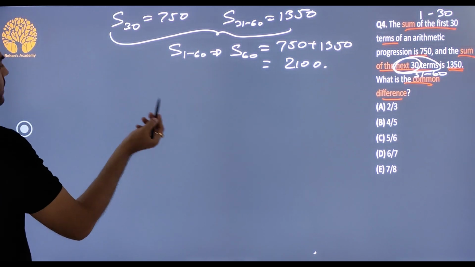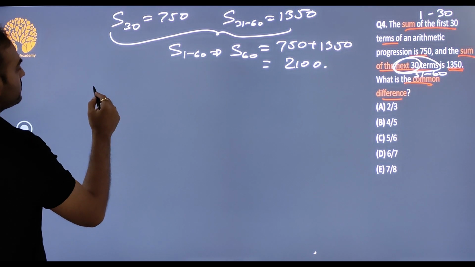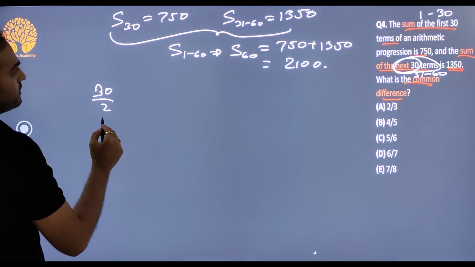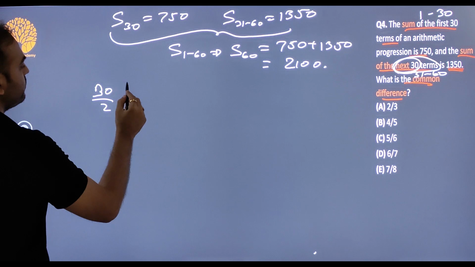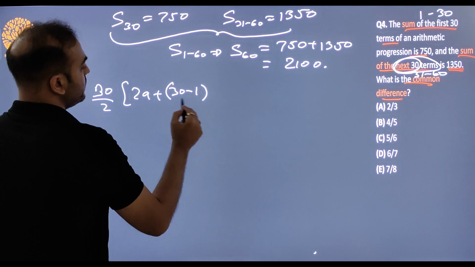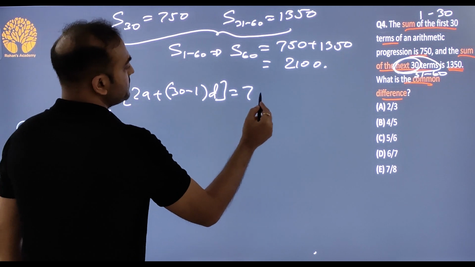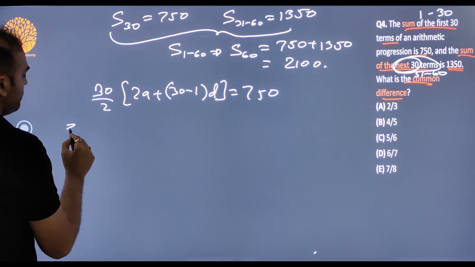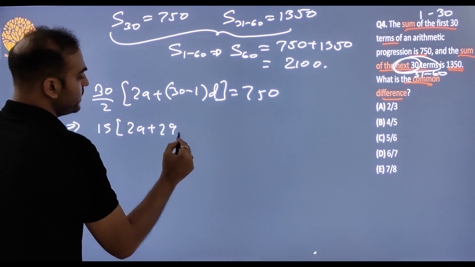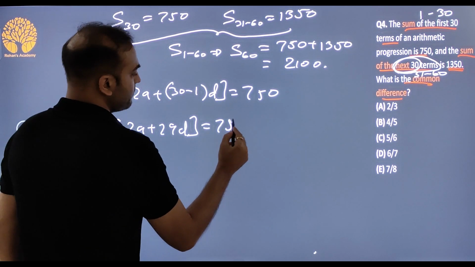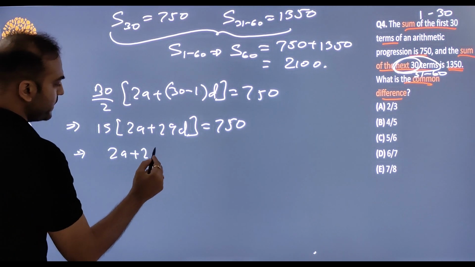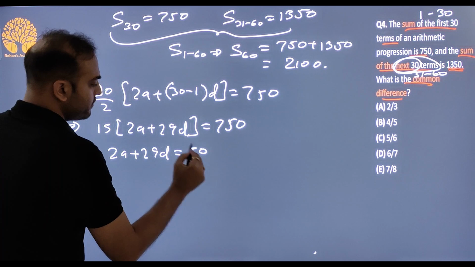Now you can again apply the formula. So you have 30 by 2 into 2a plus 30 minus 1 into d is 750, which means 15 times 2a plus 29d is 750. 2a plus 29d is 50.